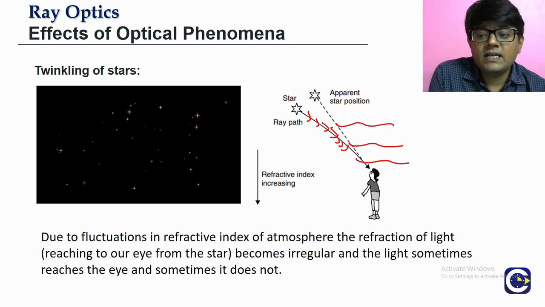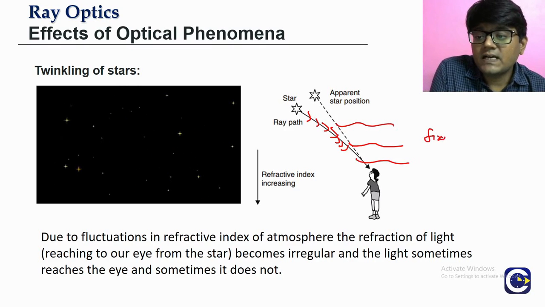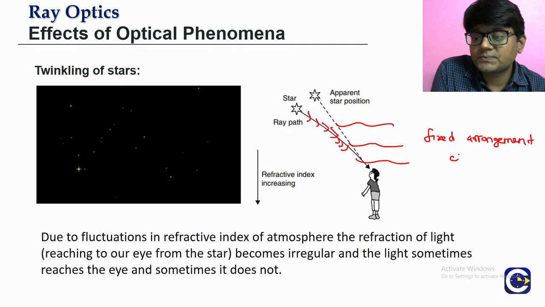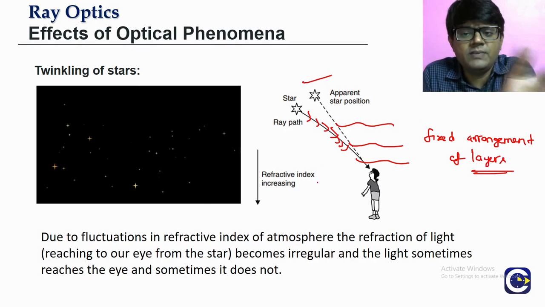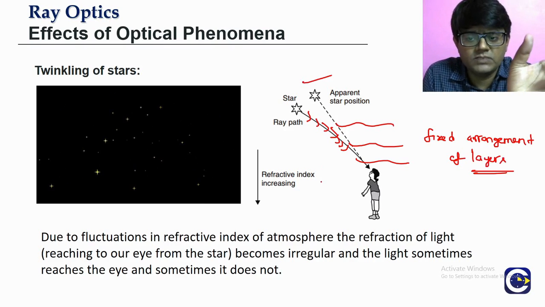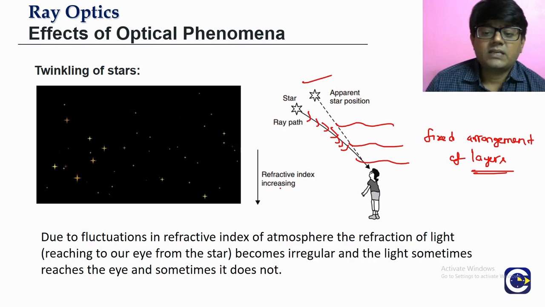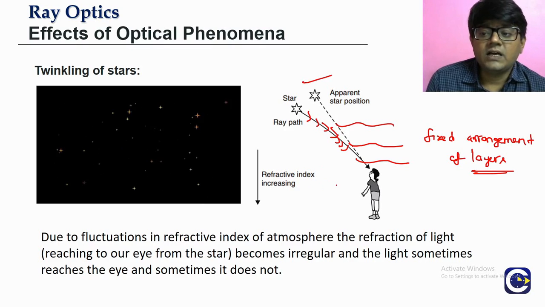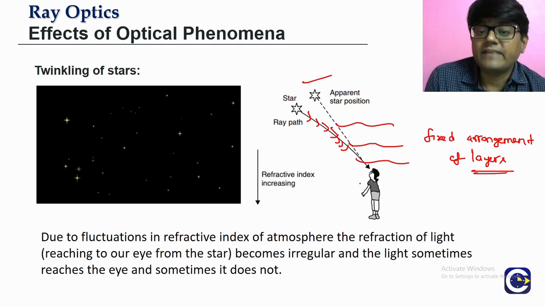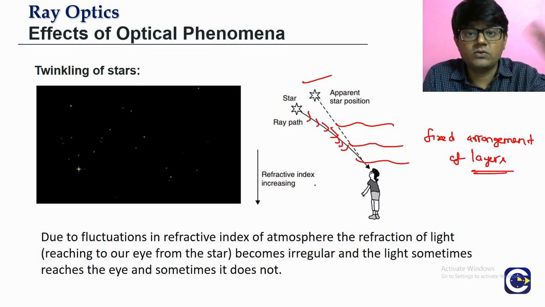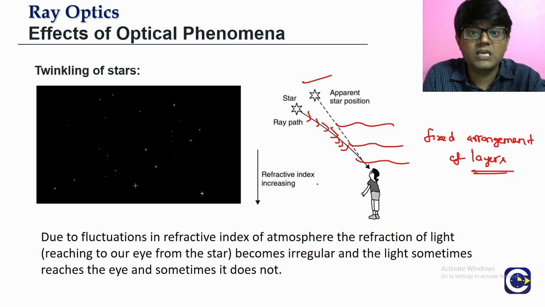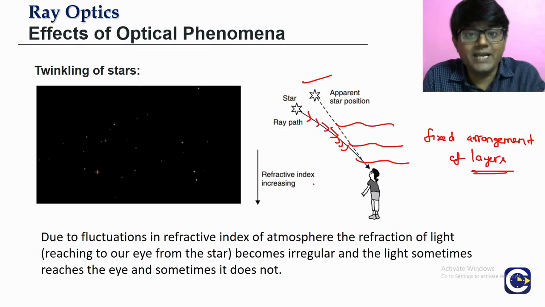Now if this is a fixed arrangement of layers, what would we expect? We would expect that the apparent position of the star will be shifted by a particular value, some angular shift. But the composition of the atmosphere is dynamic. You will have air currents and other phenomena which will keep changing the composition of the layers.